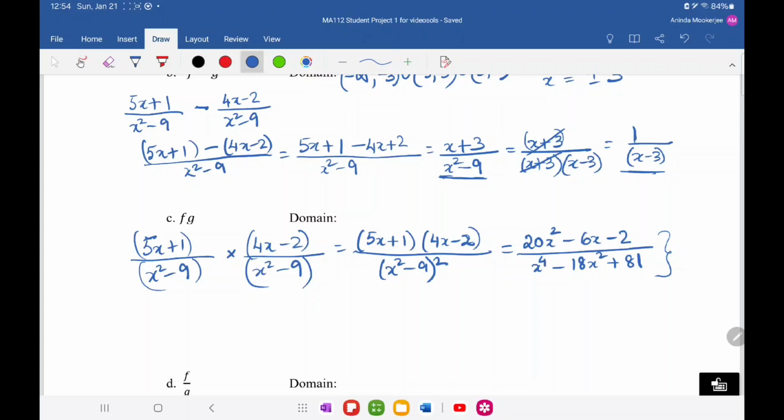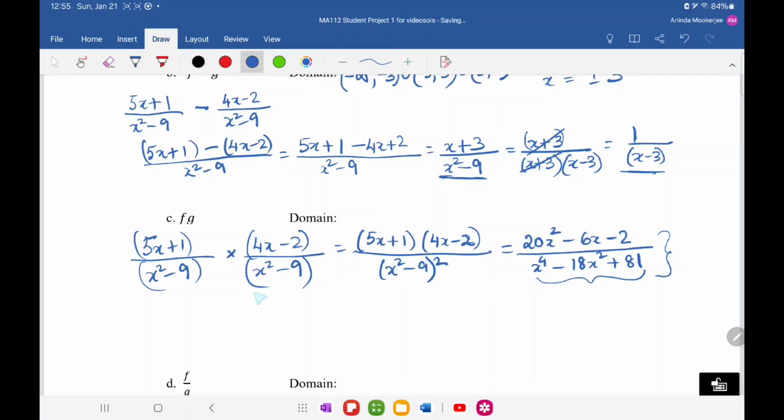Now, to figure out what the domain would be, it's going to be the same. x squared minus 9. You don't need to solve using this expanded form. We know that the factored form is x squared minus 9, basically x squared minus 9 squared, of course.